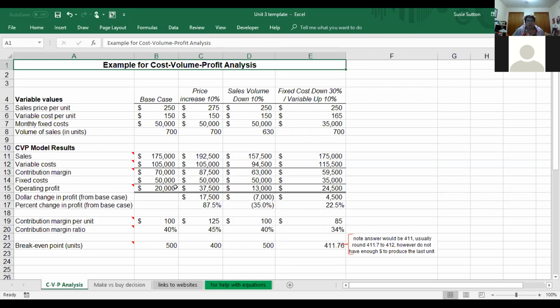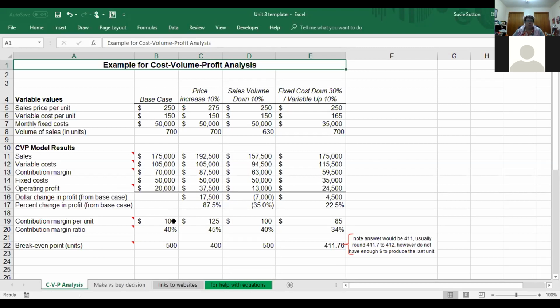The operating profit was $20,000. So in this scenario, we knew our contribution margin of $70,000, and we sold 700 units. So our contribution margin is $100 per unit.